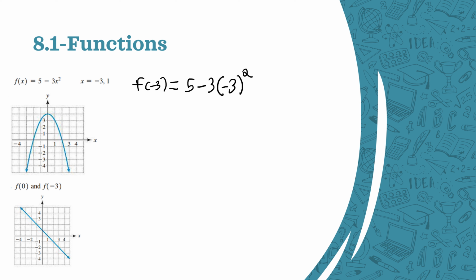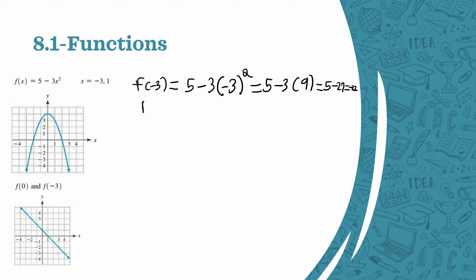Well, then I'm going to continue to evaluate it. It's going to be 5 minus 3, -3 squared, that gives me 9. And then this is going to equal 5 take away 27, which is just equal to -22.